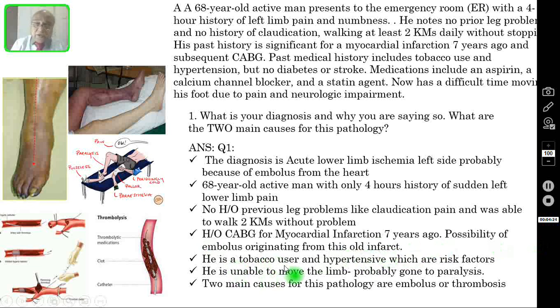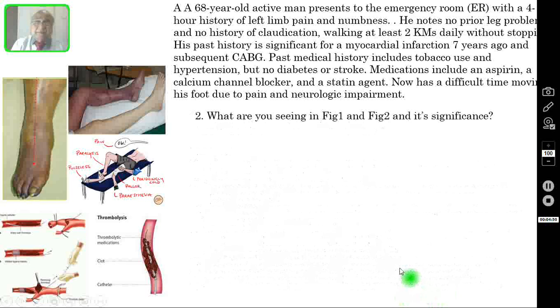He is a tobacco user and hypertensive, both are risk factors. He is unable to move the limb, probably the limb has gone for paralysis, one of the features of acute limb ischemia. The 2 main causes for acute limb ischemia are embolus and thrombosis. Of course, embolus is the commonest cause.